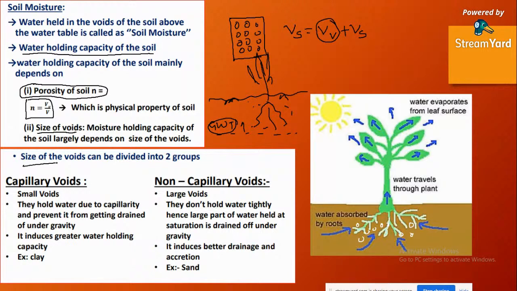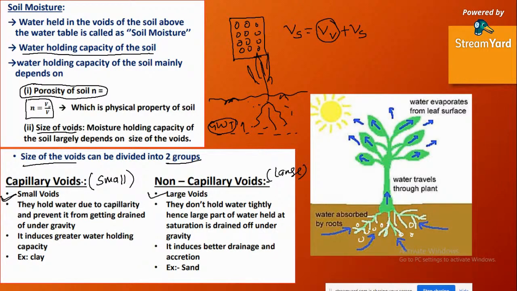The size of the voids is divided into two groups. The first one is called capillary voids, and the second one is called non-capillary voids. Capillary voids, in other words, are called small voids, and non-capillary voids are called large voids.